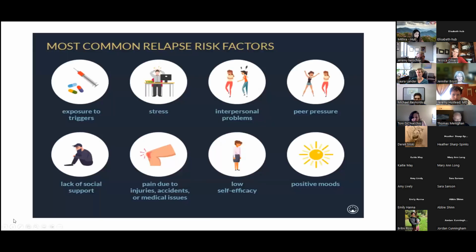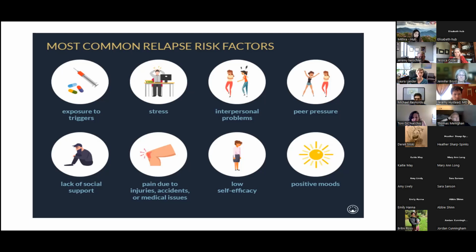There are some really common risk factors, and some people will resonate with these. When you ask someone, what is your most likely relapse trigger, everybody will say stress. So what is stress exactly? That's going to look really different for different people, but stress is the most common thing that people identify.